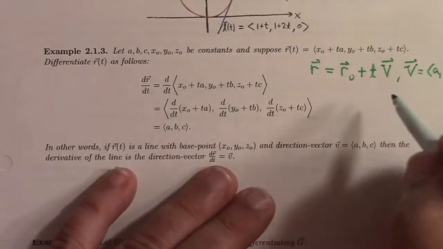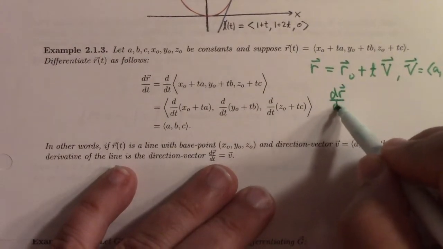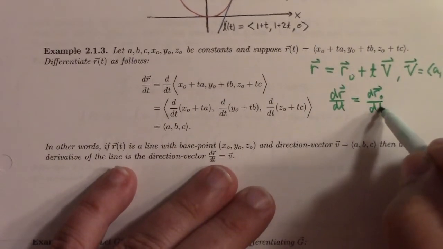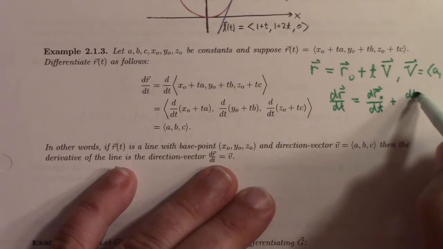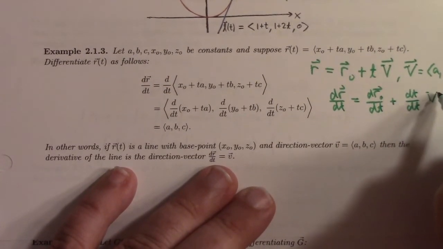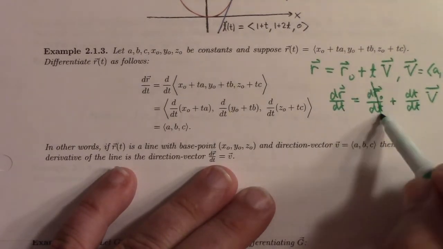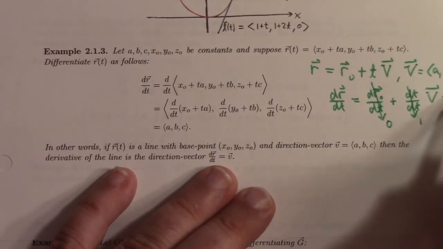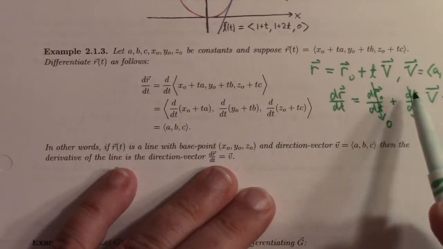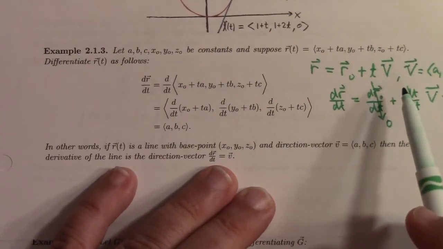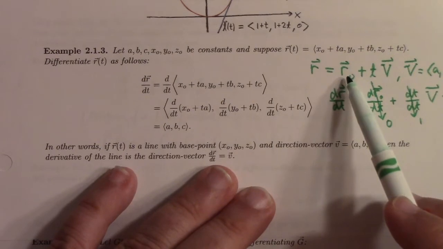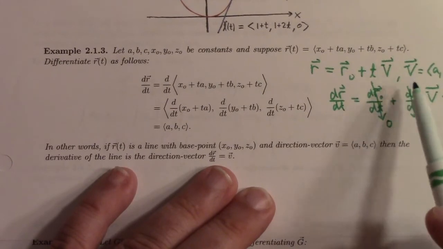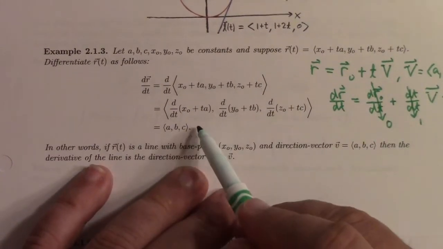And so what this calculus here shows is that dr/dt equals, I'm showing you a different way to think of the calculation, dr naught/dt plus d/dt of tV. So in other words, this is going to be 0. This is going to be 1. And we just get V as the answer. Because basically you can pull the constant vector out of the differentiation, and the constant vector differentiates to 0. Here it's multiplied by t, so you can think of the vector as pulling out of the differentiation. See, that's my V.